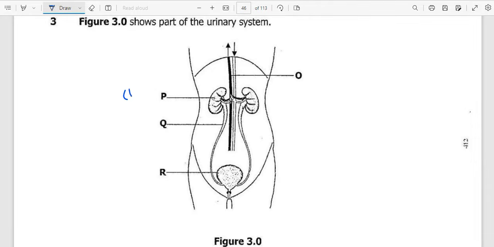And then this is a blood vessel. Now we have to know what this blood vessel is.